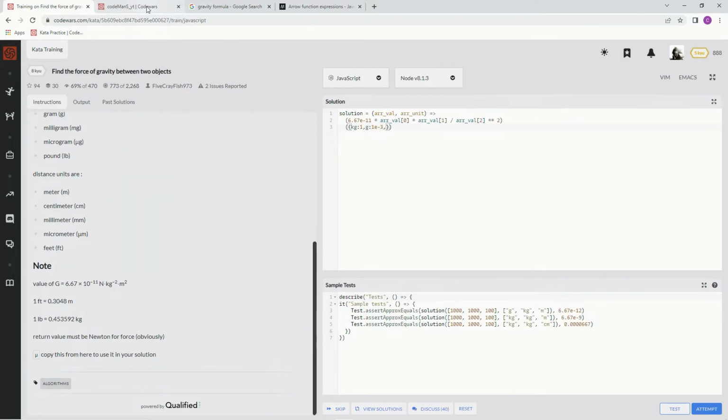I've already got that open here, so I'm just going to take it from here and put it in right here. And just make sure you get this symbol in there. Just copy paste from here and throw it over here.